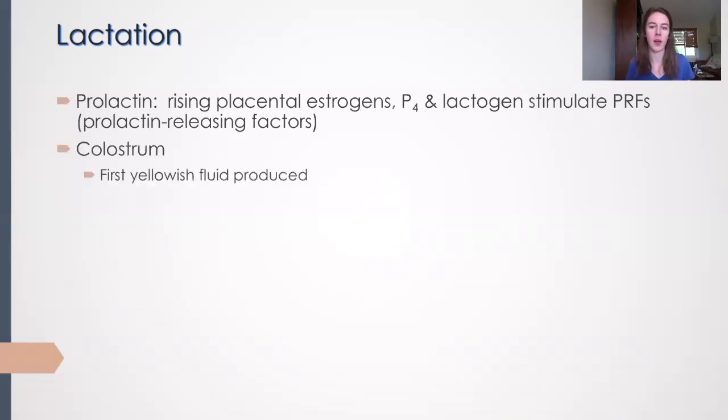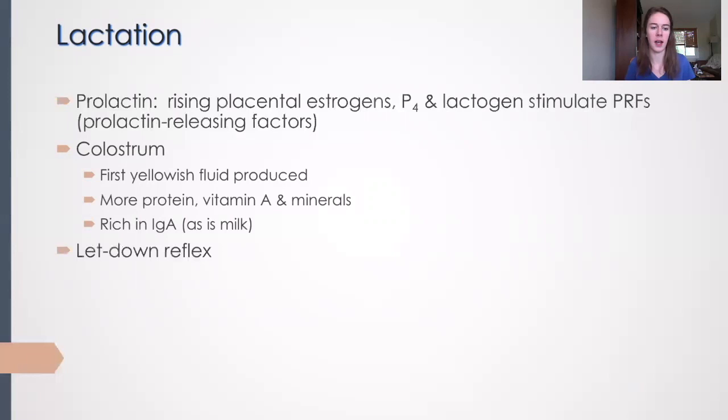Colostrum is what is produced in the first week following the birth, and it's this yellowish fluid that doesn't actually contain a lot of lactose, but it has a lot of proteins and a lot of minerals, and it still has some antibodies and other important immune response molecules.